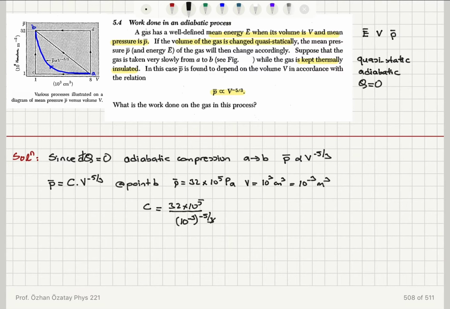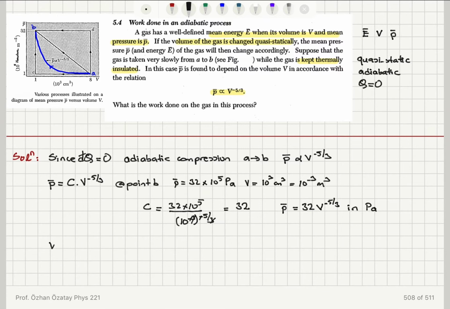The 3's will cancel and the minuses cancel, so it becomes 10 to 5. Therefore this is going to become 32. The unit is not that important, so let's keep it as 32 for now. So the pressure P bar in pascals will be equal to 32 V to the power minus 5/3, and the volume is in meter cube. So this is all in SI units now.